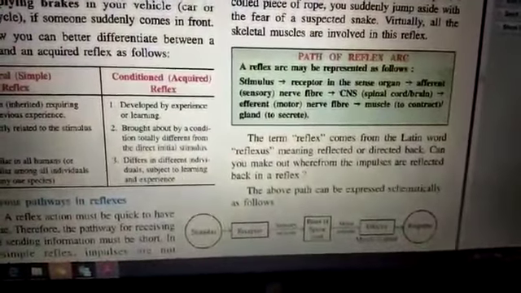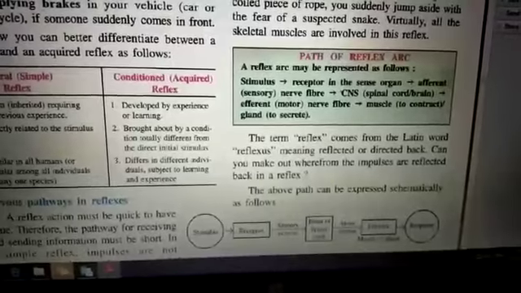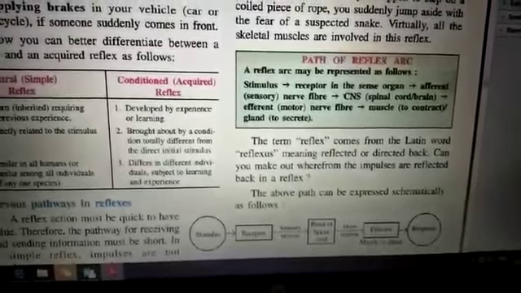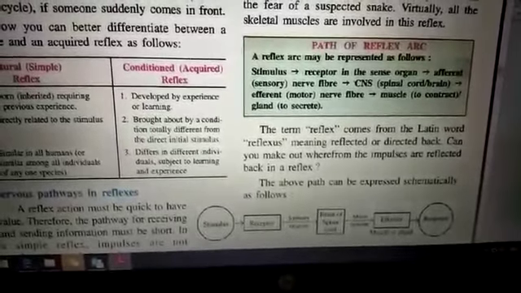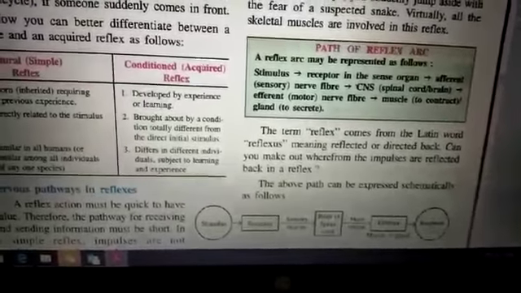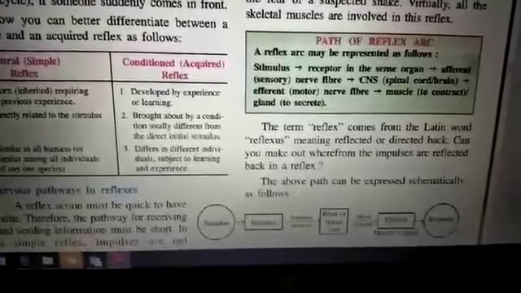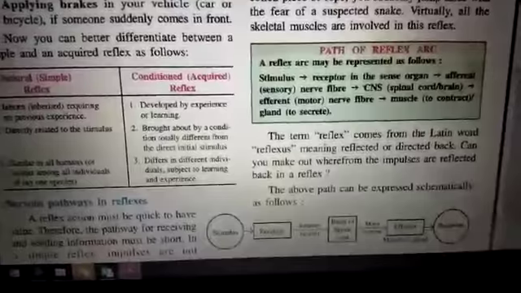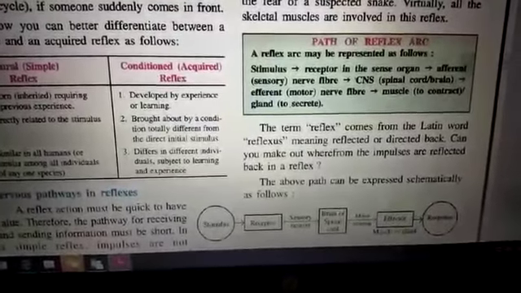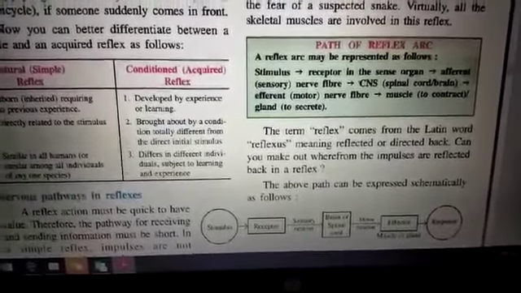Then the afferent sensory nerve fibers, that is the sensory neuron. Then it moves towards the brain or the spinal cord where it is analyzed. Then through the effector or the motor nerve, the information is passed towards the muscle, and then muscles act, whether they have to secrete or whether they have to contract.